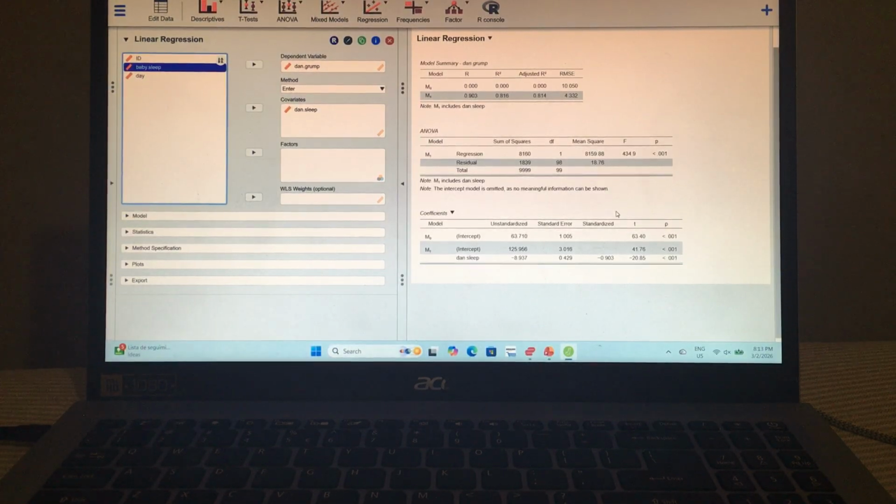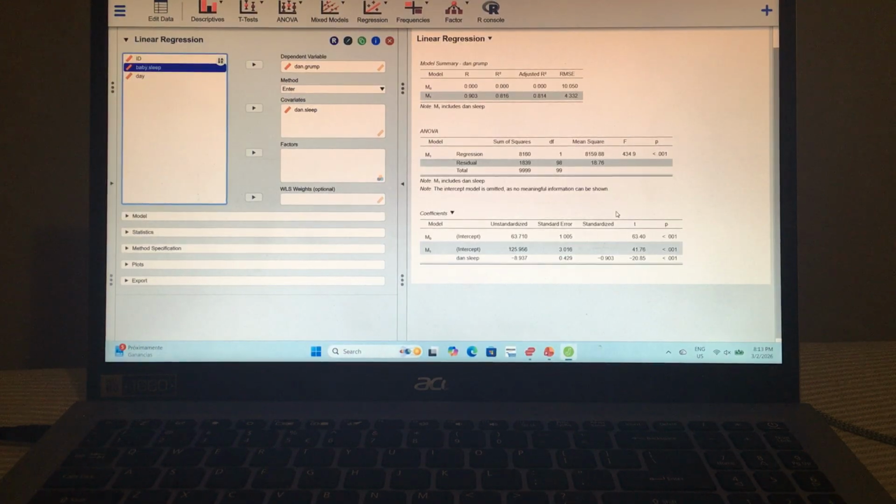Because this is a simple linear regression model, we could report the f-test for the overall model or the t-test for the slope. Since simple linear regression models only have one independent variable, these results will be identical. So we could report the overall model this way.